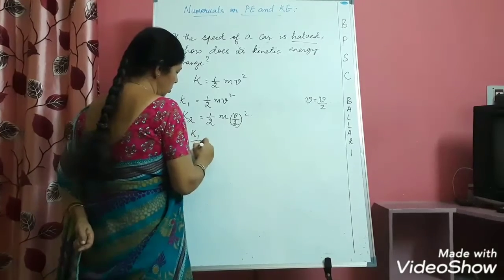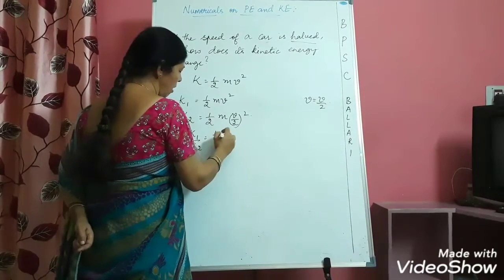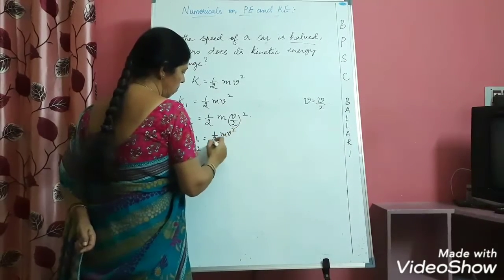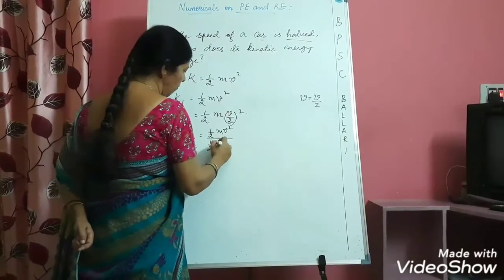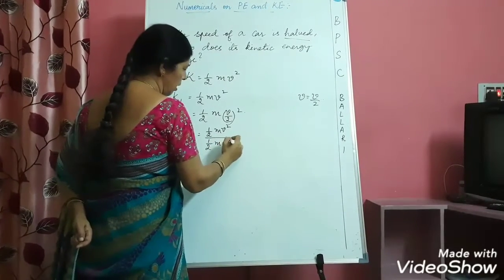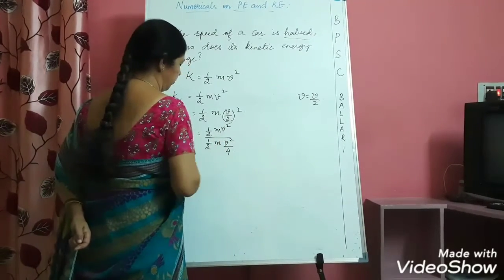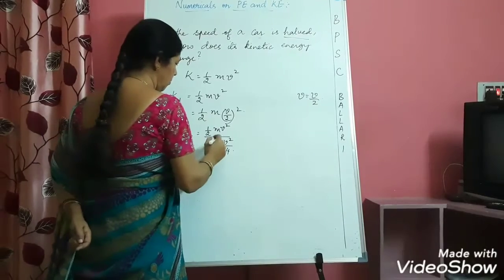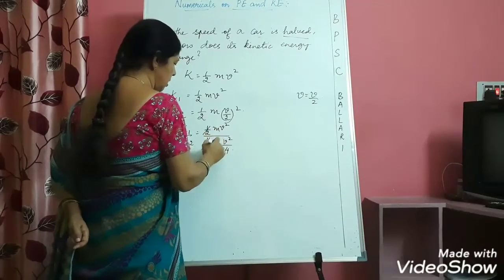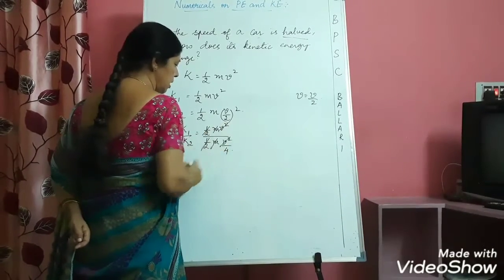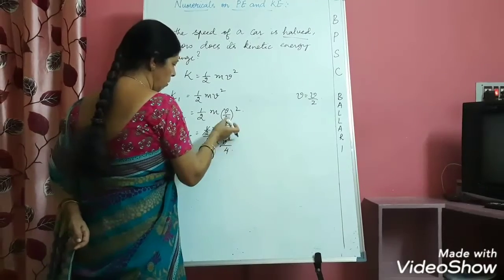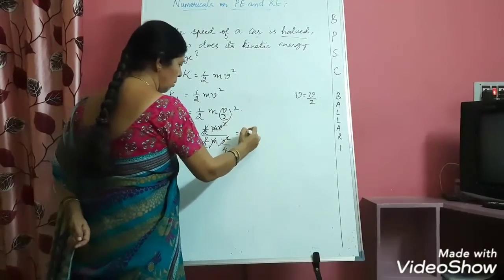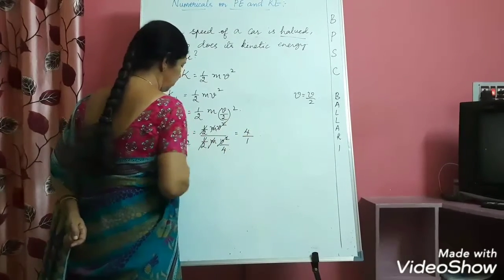K1 by K2 will be equal to half mv square by half mv square by 4. Now if you just see, half gets cancelled, m gets cancelled, v square gets cancelled. So the denominator of a denominator goes to the numerator, it will be equal to 4 by 1.